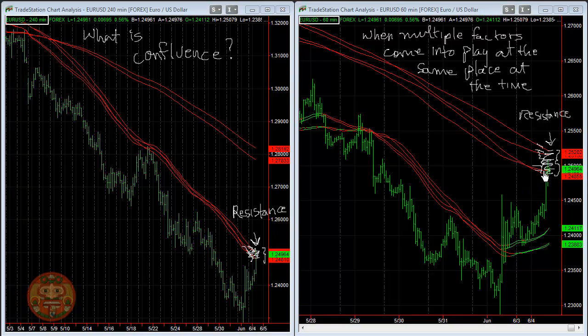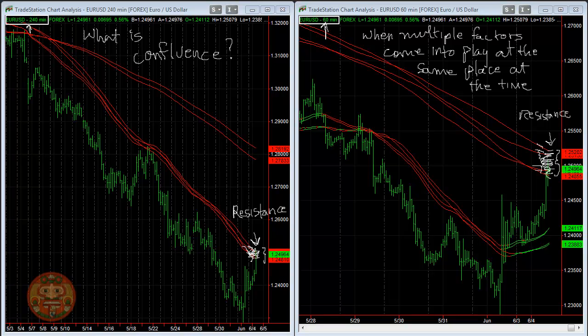In addition, this time frame has moving averages in this zone, and this time frame has moving averages in this zone. And so that, in a nutshell, is what confluence is, where you have either indicators or levels that tie into one another on the same time frame, which is denoted by the different moving averages that come into play at the same level on the same time frame.